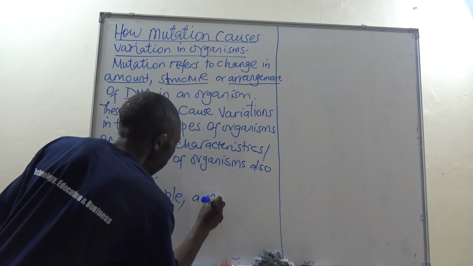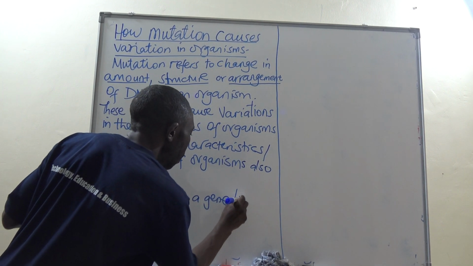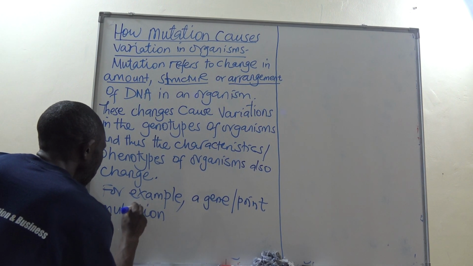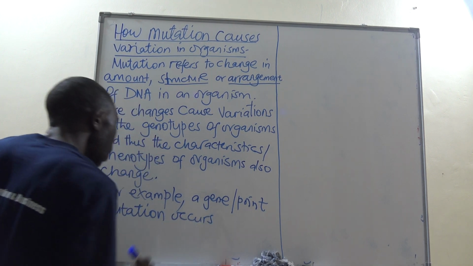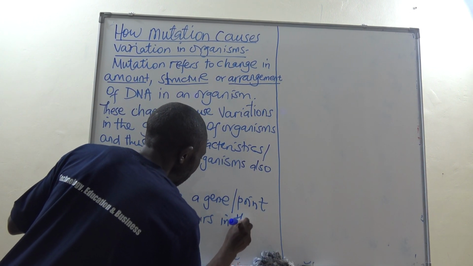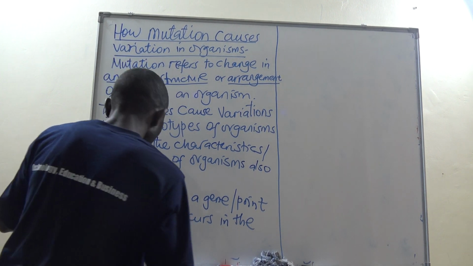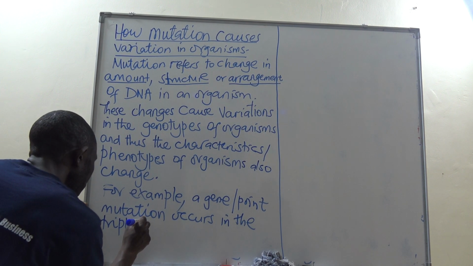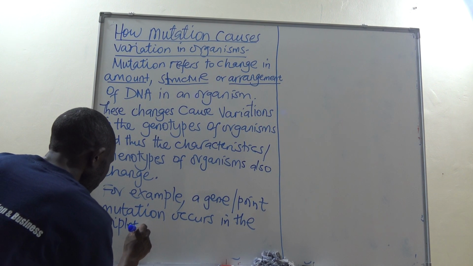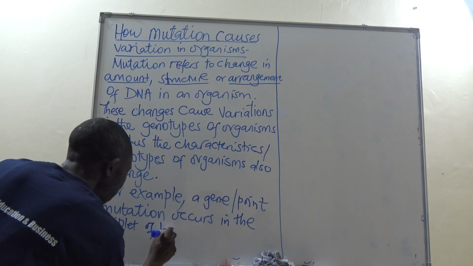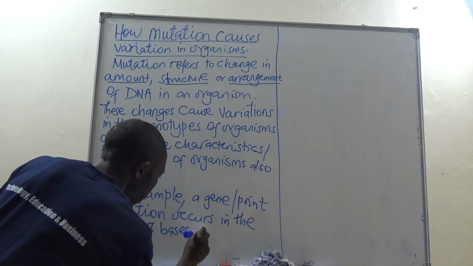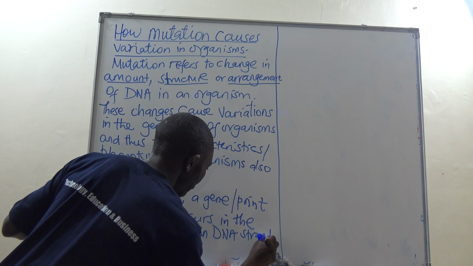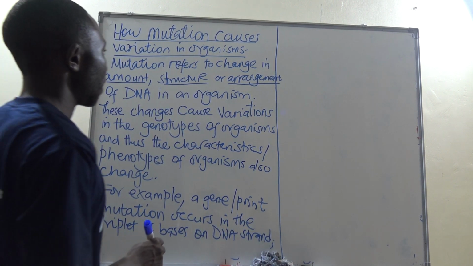So here I can write that, for example, a gene or point mutation occurs in the triplet of bases on the DNA strand.